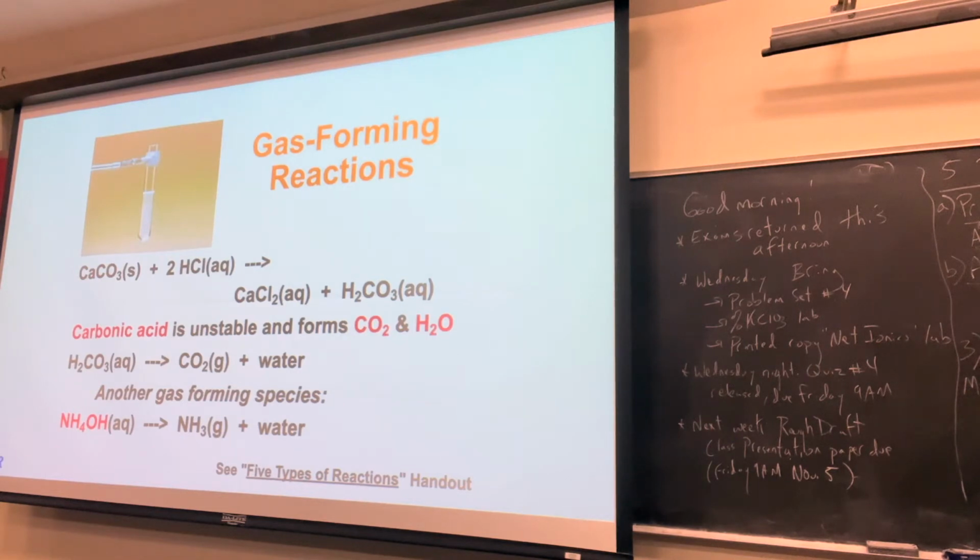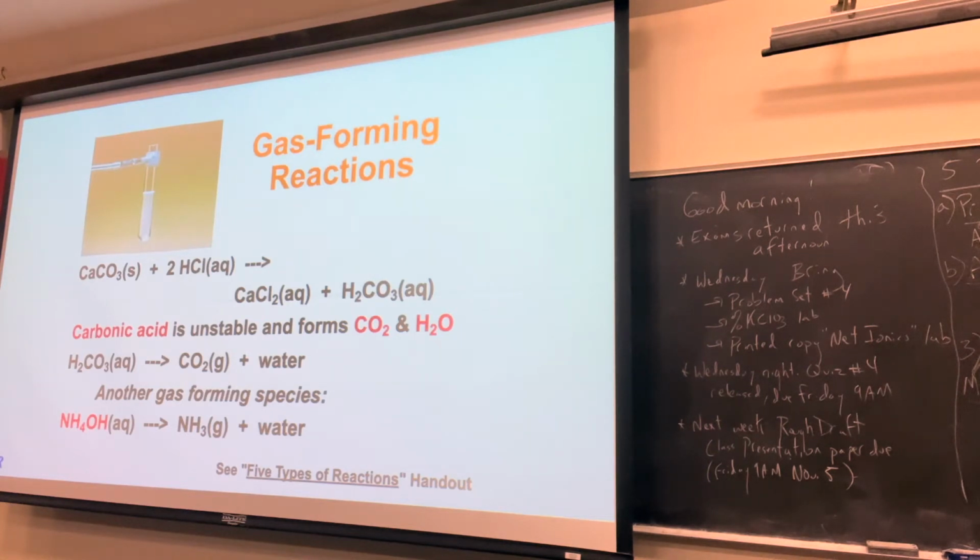You'll add it to 2HX aqueous, which is the acid. And just like the other ones, the M and the H are going to trade places with each other. So you end up with some type of MX2 aqueous, which you can care less about.